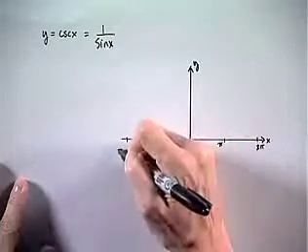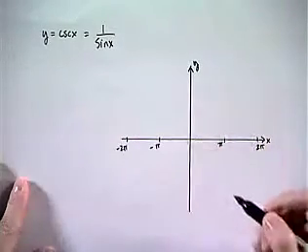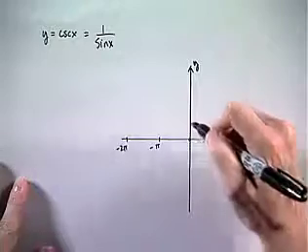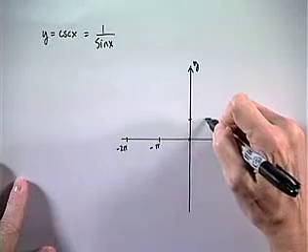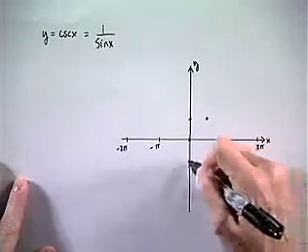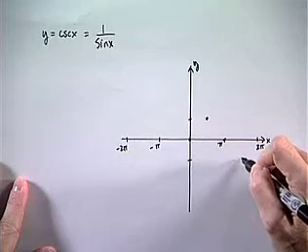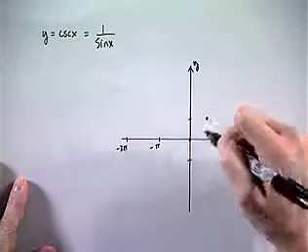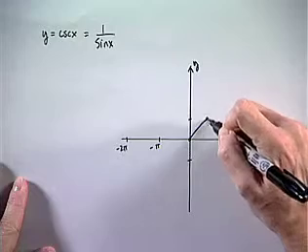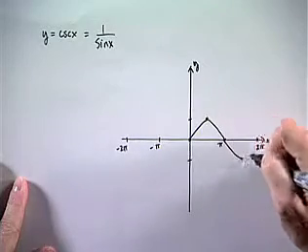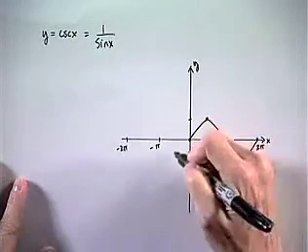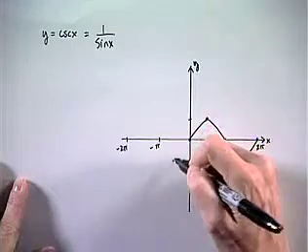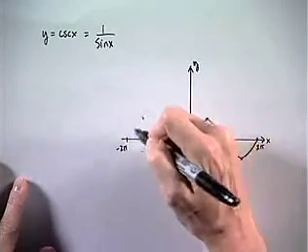That's negative pi, negative 2 pi, and the sine of 0 is 0, of pi over 2 is 1, of pi is 0, of 3 pi over 2 is negative 1, and 2 pi is 0. So one piece of the sine looks like that, and it does the same behavior in the negative direction.